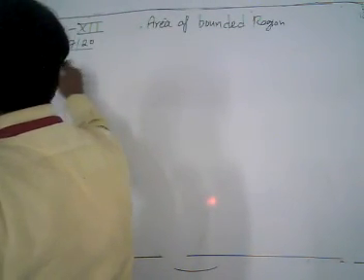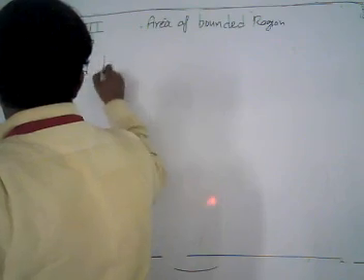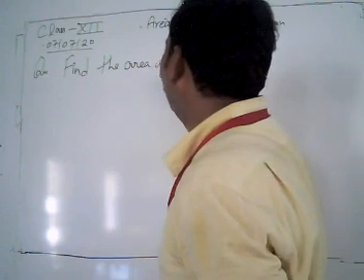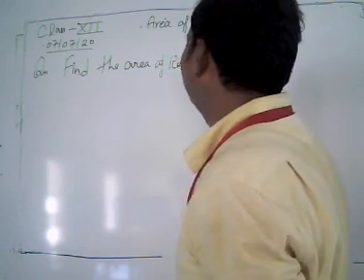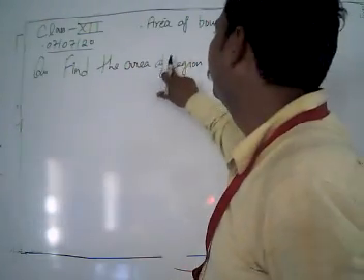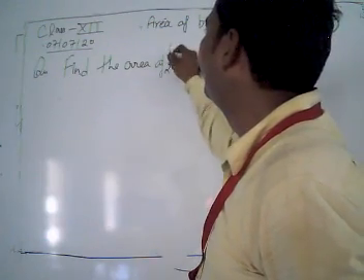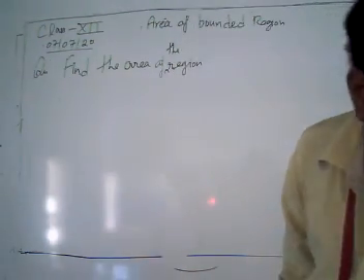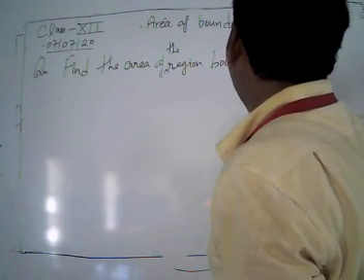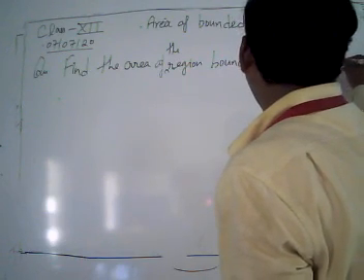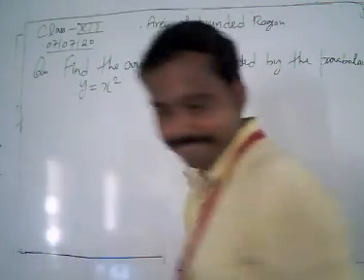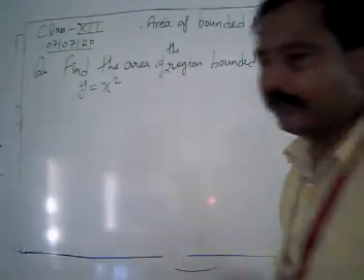Find the area of the region bounded by the parabola y equal to x square and the line y equal to mod x.